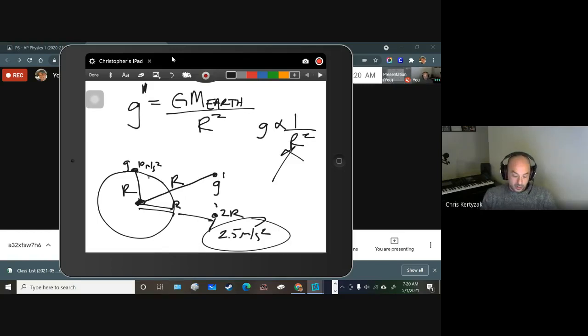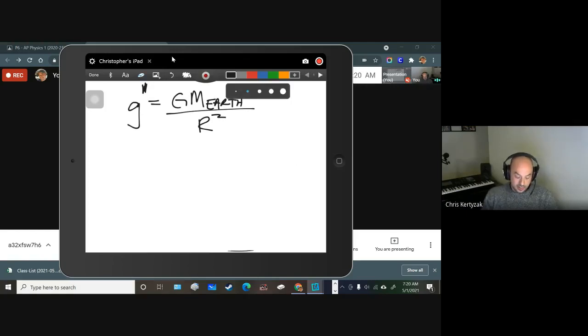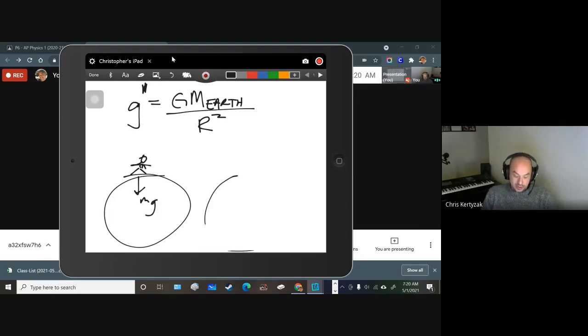That's how that works. Also note that if you forgot the formula, all you're doing is equating those two formulas, mg and universal gravitation. If you're sitting on the planet like this, we know that you can represent your weight down as mg, or we can represent your weight down as G times the mass of the Earth times your mass divided by r squared, which is this distance from the center to you, r.